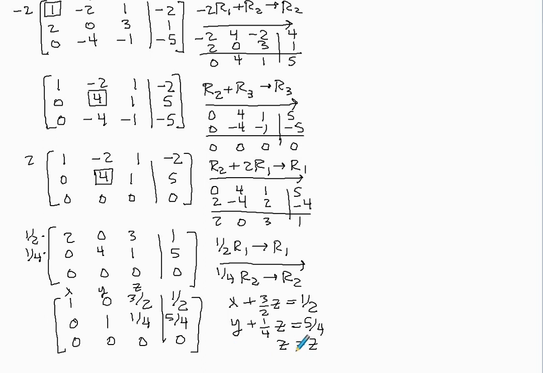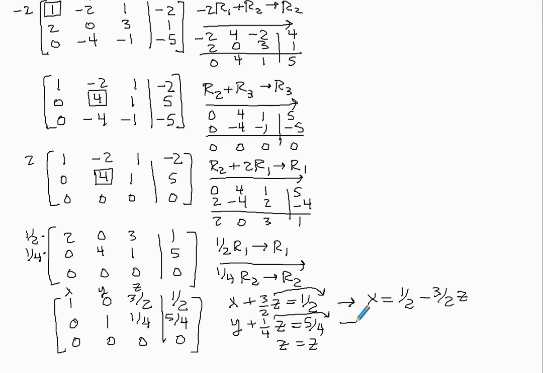So now what do we do? Well, we want to write the x and the y in terms of z. So we want this term to come over on the right as a negative, and we want this term to come over on the right as a negative. So this is going to give us x equals 1/2 minus 3/2 z, if we bring that over as a negative.